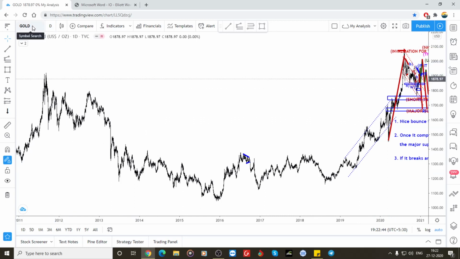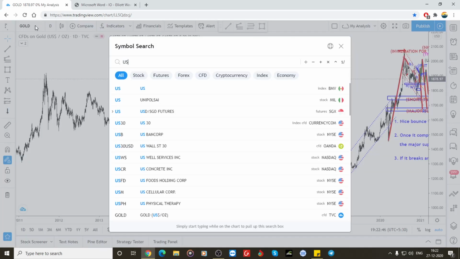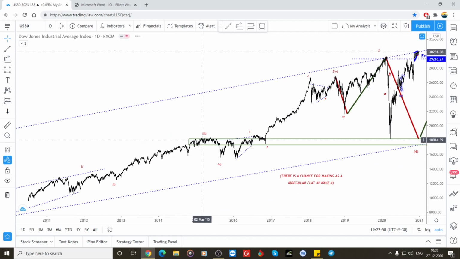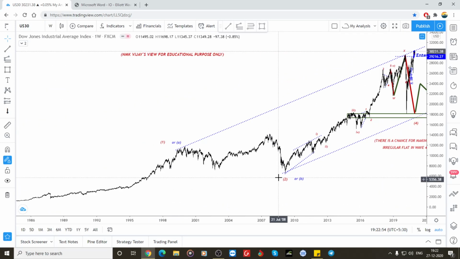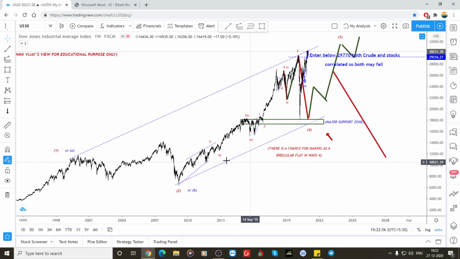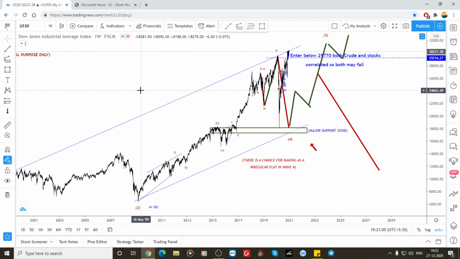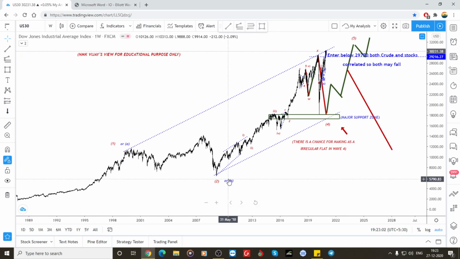And we will see one more in US 30. This is the one. 1 2, so perfectly it has already been rejected, so I have placed it here.